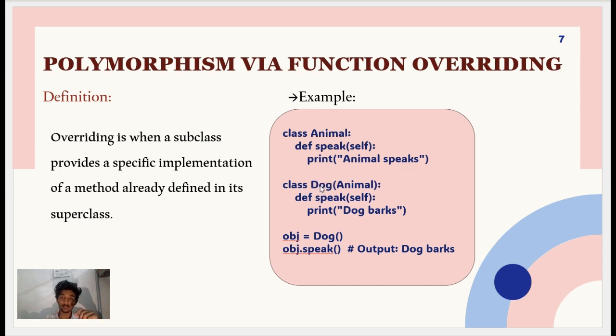Then we have another subclass, Dog, in which the main class, Animal, is included. Animal speaks, then dog barks. So when we create an object equal to Dog and call object.speak, we get the output as barks.